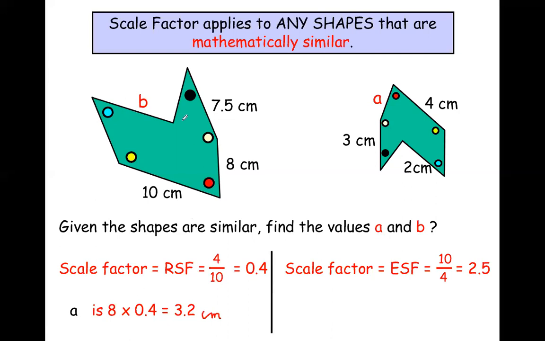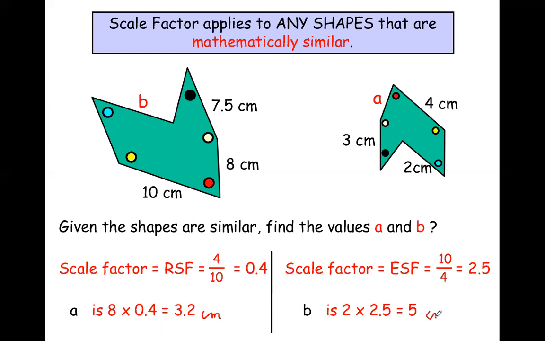So to find B, I'm going to find the length that is associated with B on the smaller shape. So I need to do 2 times 2.5, and that should be 5. So B equals 5 centimeter.